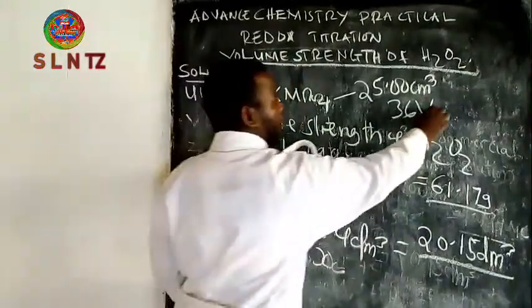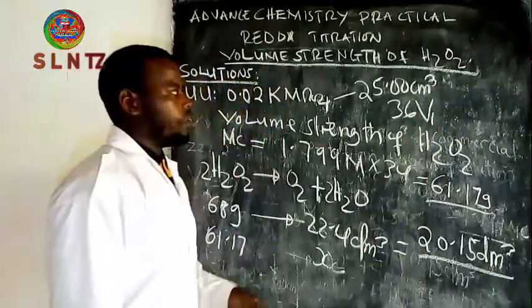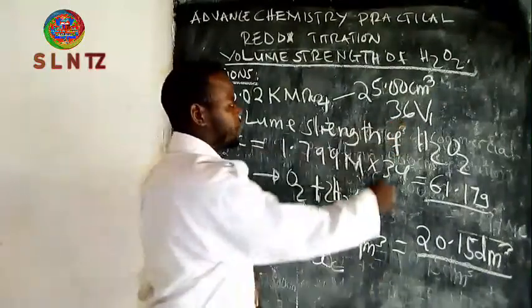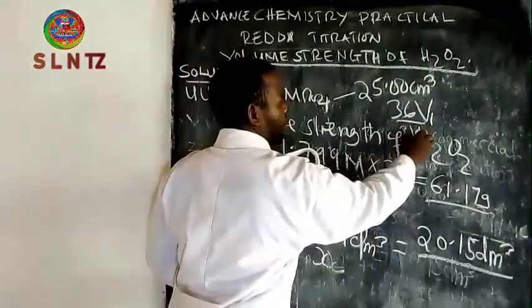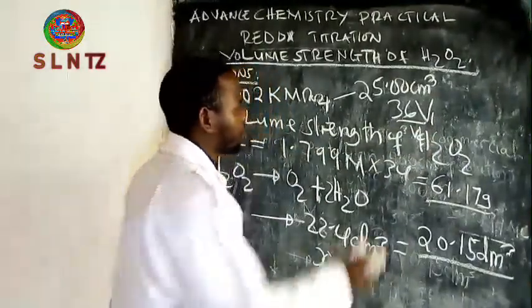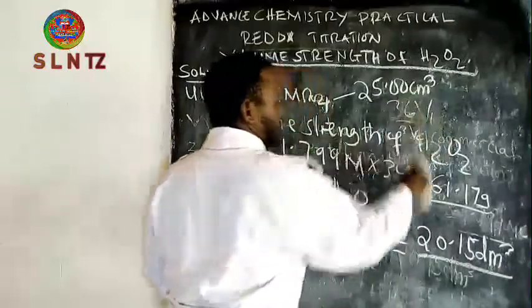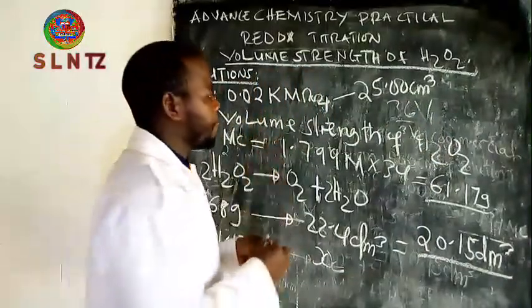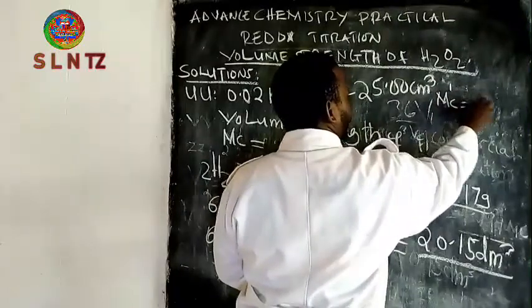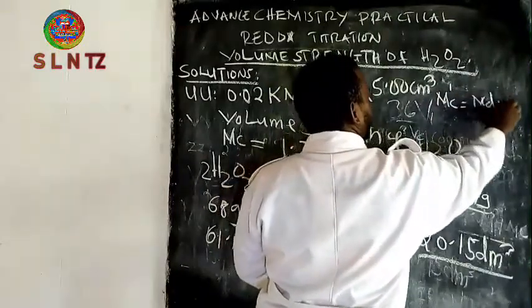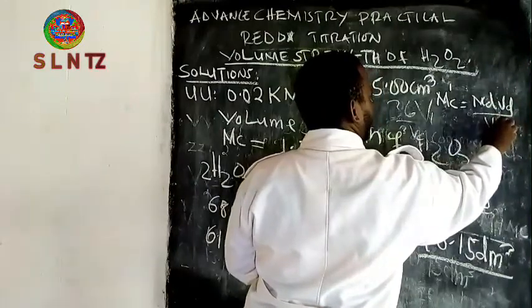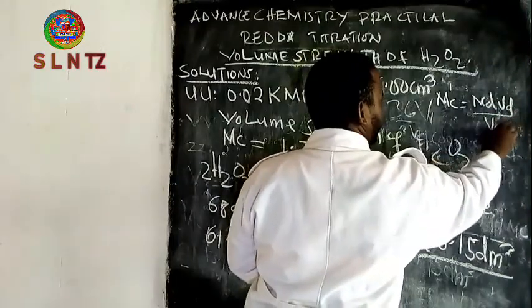So when you put VC over VC, when you equate the formula on that paper, MC is equal to VB over VC.